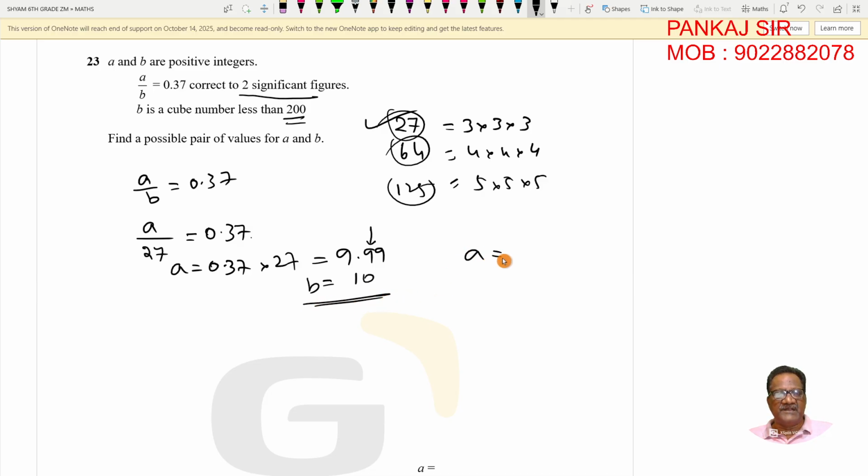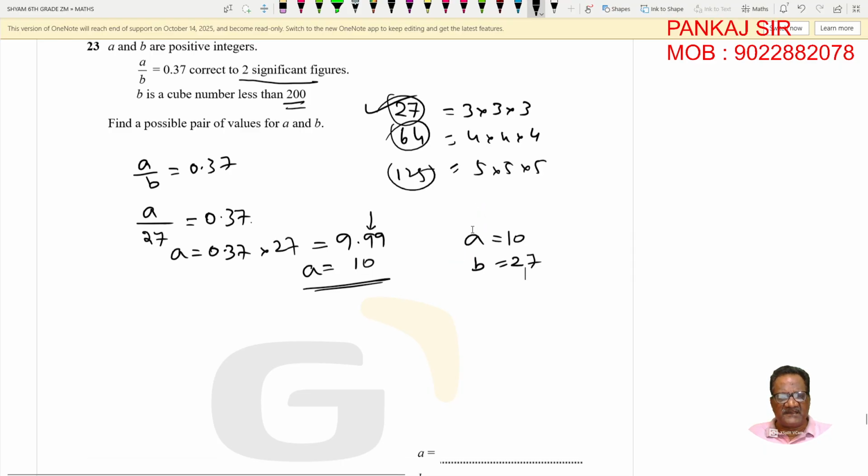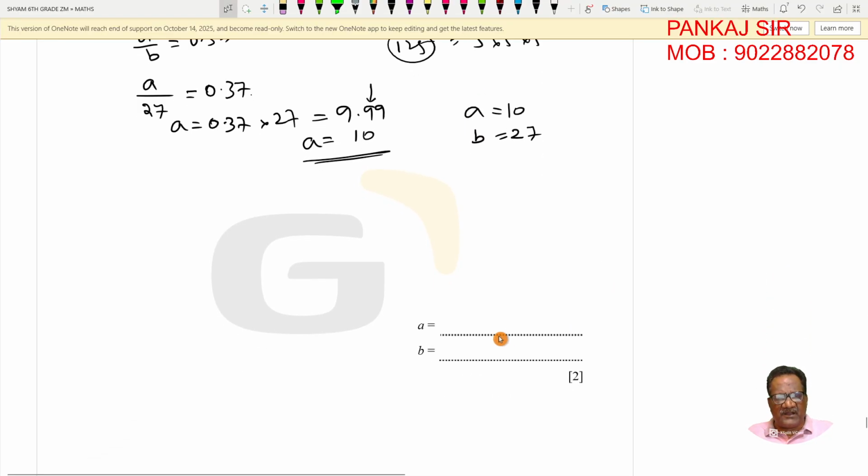So your A will be equal to 10, and B will be 27. So this is one possible pair. Find a possible pair of the values of A and B. So A can be 10 and B can be 27. Got it? You can see one more pair if you want. This will not have a unique answer. So one pair is 10 and 27.